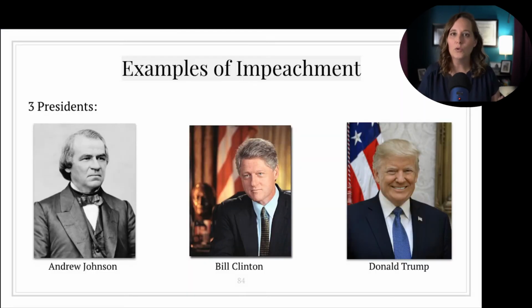So, who's been impeached? There have only been 3 impeachments in the history of our country. The first was Andrew Johnson, who replaced President Lincoln after he was killed in office, Bill Clinton, and Donald Trump. Andrew Johnson was impeached when he broke a law that was specifically designed to limit his power.